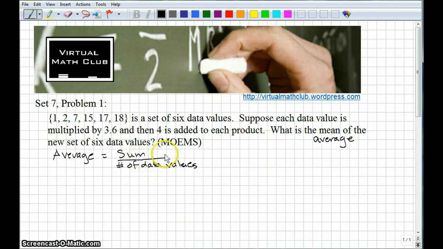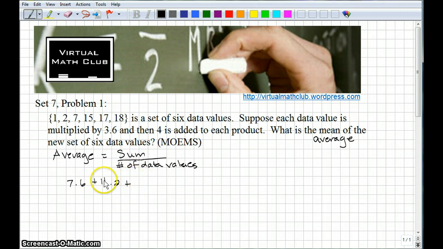Let me first of all give you a hint. A lot of kids would be tempted just to say, okay, 1 times 3.6 is 3.6, add 4, you get 7.6. And then take 3.6 times 2, you get 7.2, add 4, you'll get 11.2, right?